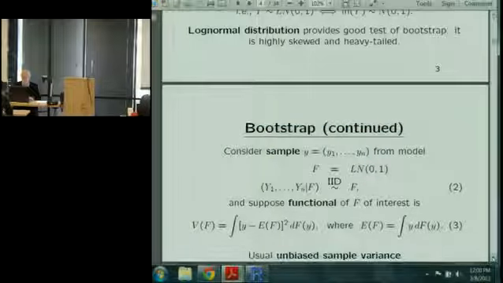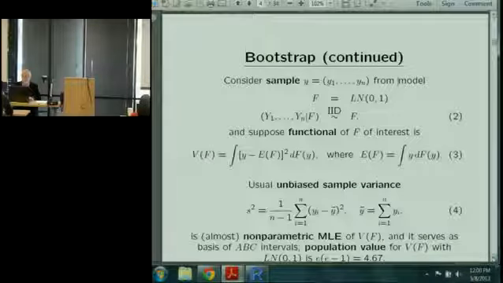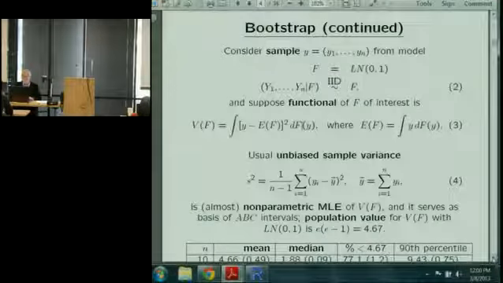And suppose you can almost always write interesting things that you're interested in about the underlying CDF in terms of what are called functionals. So I work out the population variance in terms of the population mean, and this dF stuff is just a fancy way to talk about integrating with respect to the density. So there's the usual unbiased sample variance.